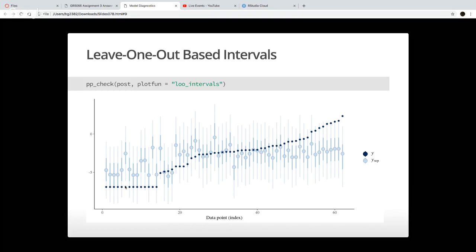So models that overfit the past data tend to fit poorly and predict poorly future data, even if it does come from the same data generating process. And that can be accomplished using plot fun equal loo_intervals to obtain that.